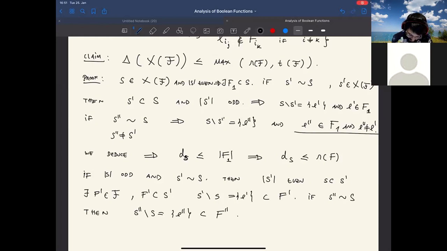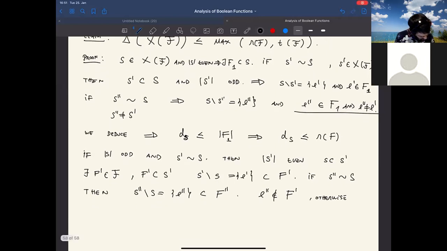Of course, that L2 prime is not in F prime. Why? Because if that was the case, otherwise, well, F prime minus L prime is definitely contained in F.